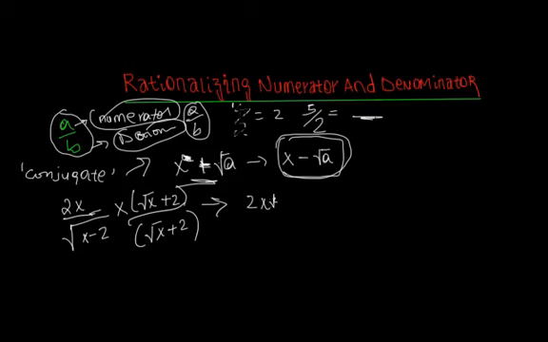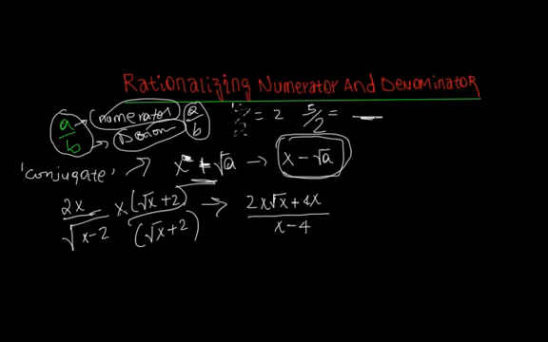You end up with 4x, after you apply the multiplication rule for rational numbers. That's what you do here.